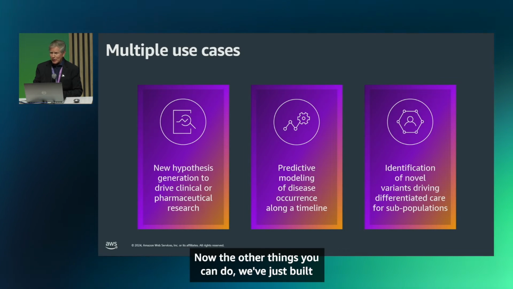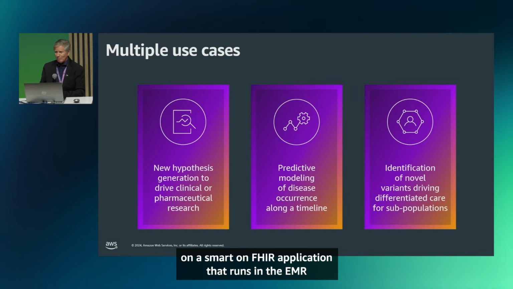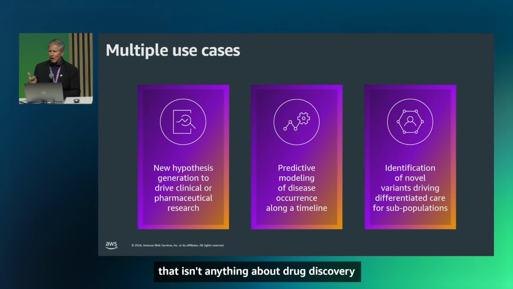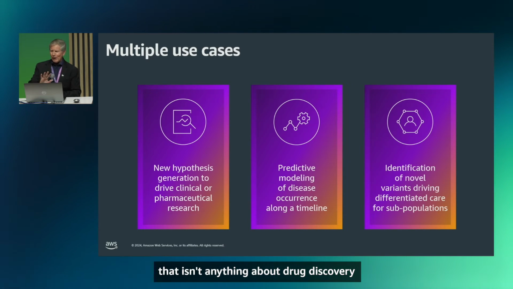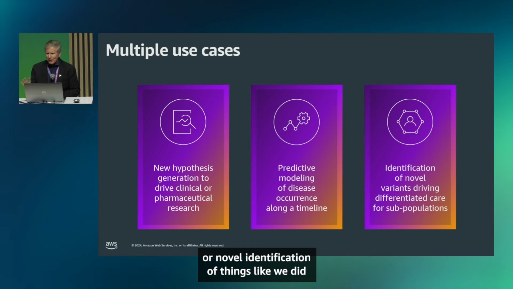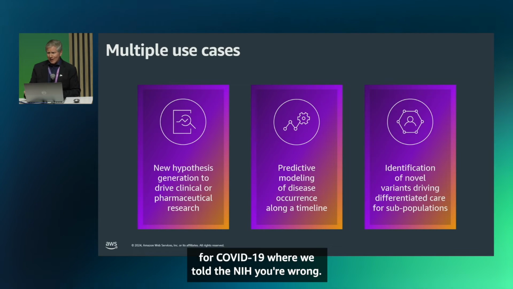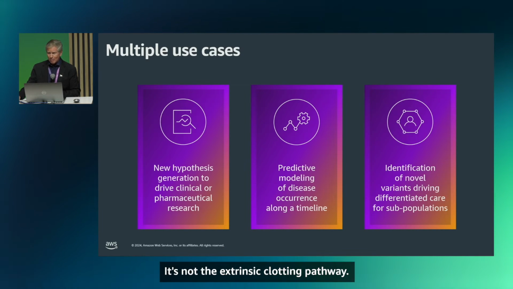Now, the other things you can do, we've just built a Smart on FHIR application that runs in the EMR that isn't anything about drug discovery or novel identification of things like we did for COVID-19, where we told the NIH, you're wrong. It's not the extrinsic clotting pathway.